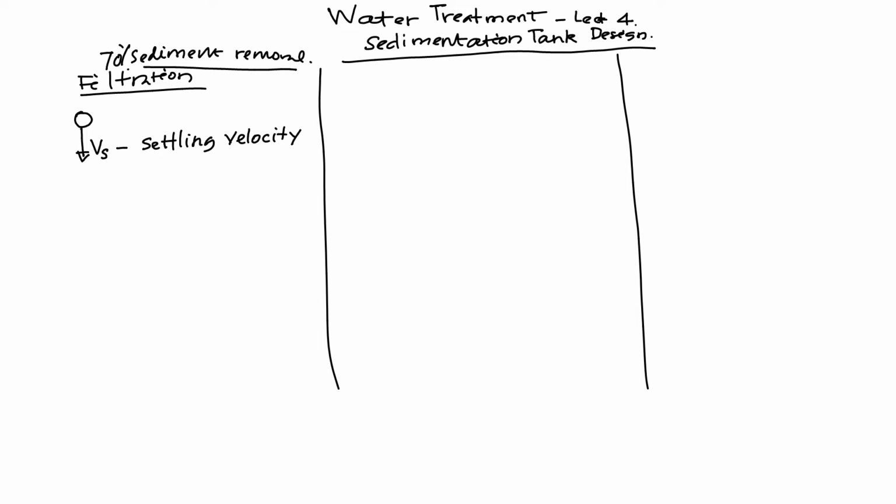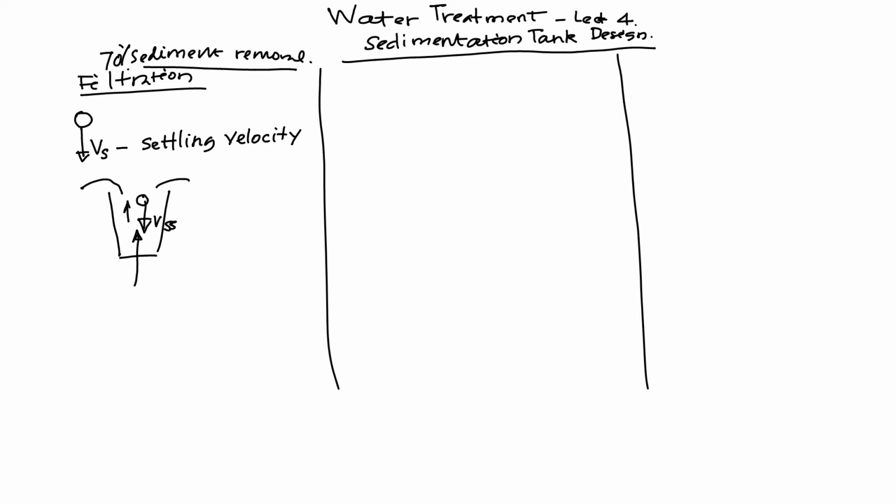Now, if I pump the water through a container very fast, then you will have fewer particles settle down. So you have a container, and I pump the water through here and the water comes out there, and the particle is going to settle at Vs, that's the velocity of the particle.